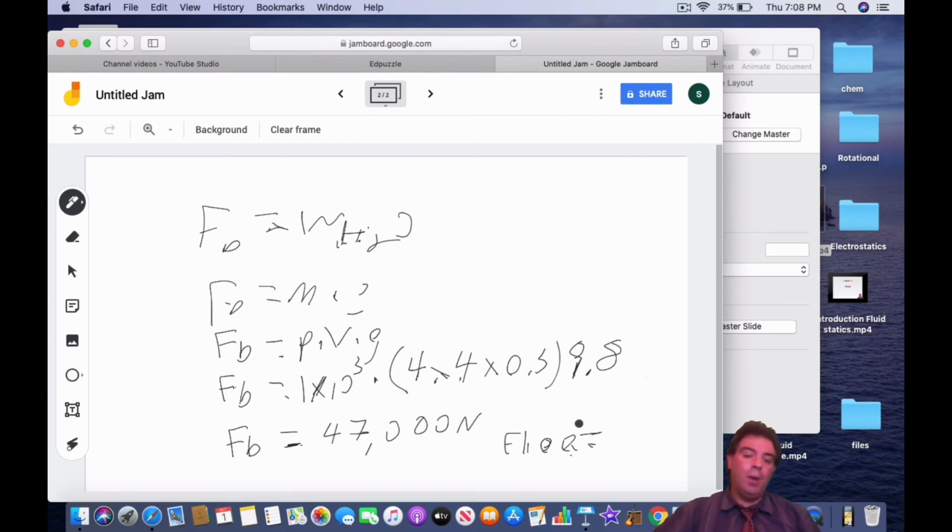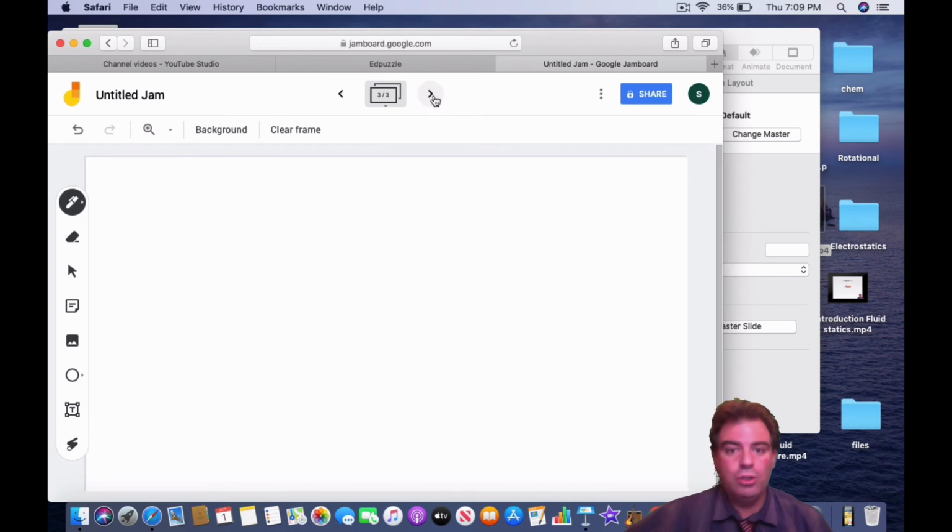Now the second part of the problem simply asked how much of it is going to be submerged. So remember what we said. When we place an object in water, the force of buoyancy is going to be equal to the force of gravity. Those two forces must be equal and cancel each other out. That, of course, is Newton's first law: an object at rest will remain at rest unless acted upon by an outside force.